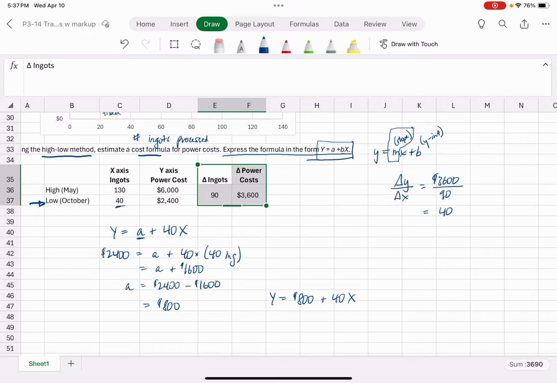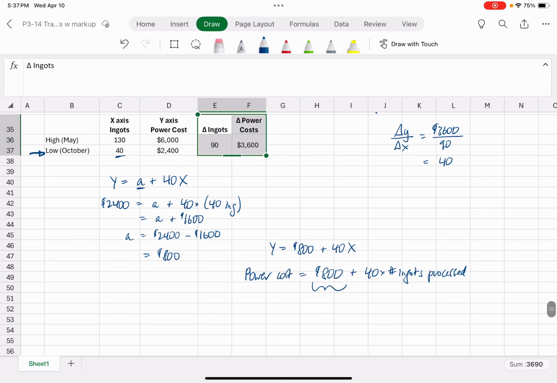Power cost equals $800 plus 40 times number of ingots processed. Okay, again, this is my fixed component. This is my variable component. Varies based on the number of ingots processed. Okay, so that's my formula, my cost formula.